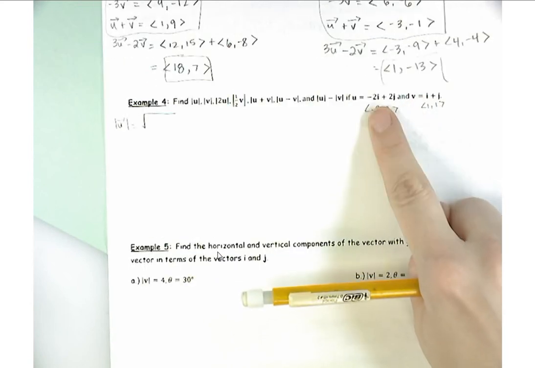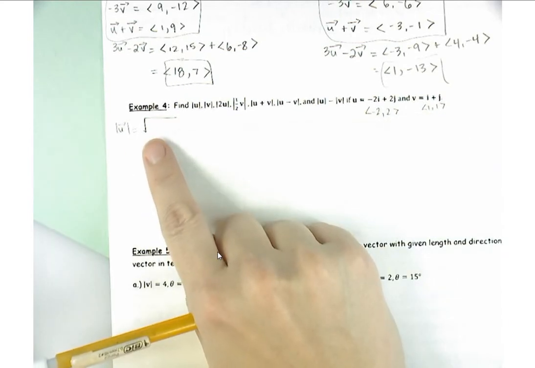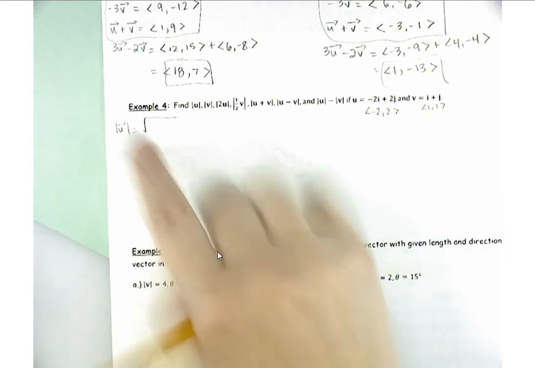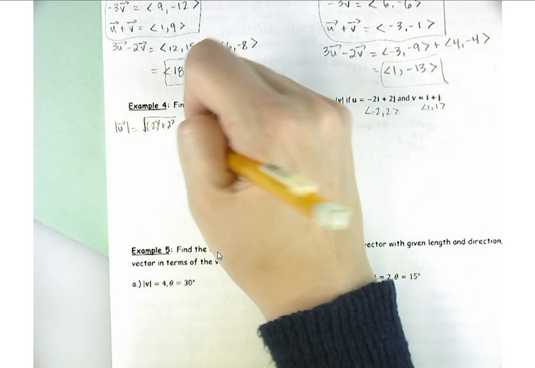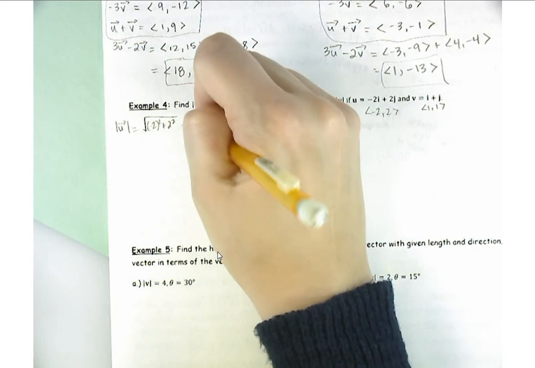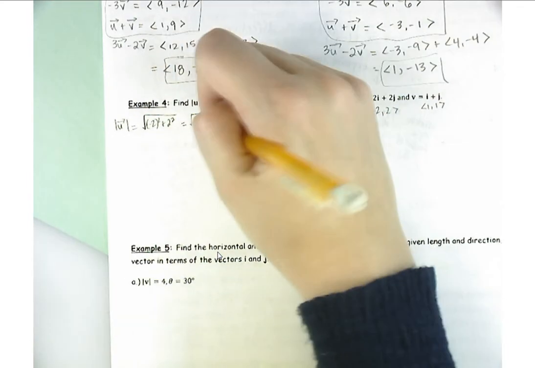So this is like negative 2, 2, this is like 1, 1. So the magnitude is negative 2 squared plus 2 squared, so 4 plus 4, which is the square root of 8, and then simplify. So square root of 8 is going to reduce to 2 root 2.